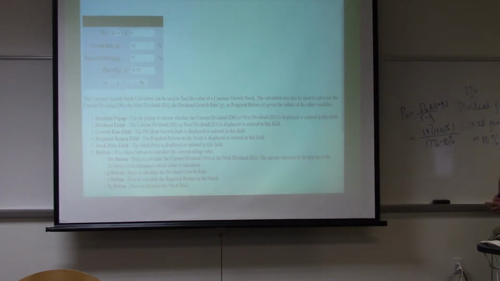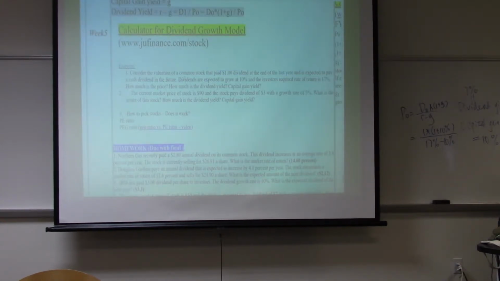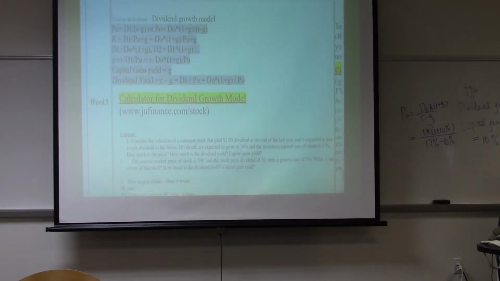Yeah, you go to D0 instead of D1. Quick question. I don't see the way that you did the equation on the board. The equation you use is this one. Yep, that's what I'm using.